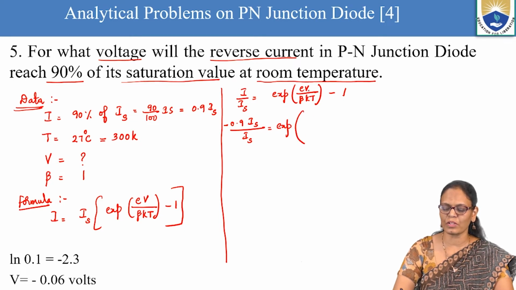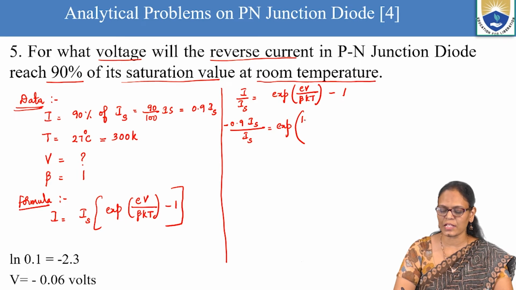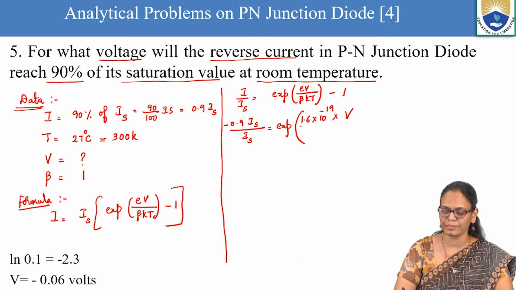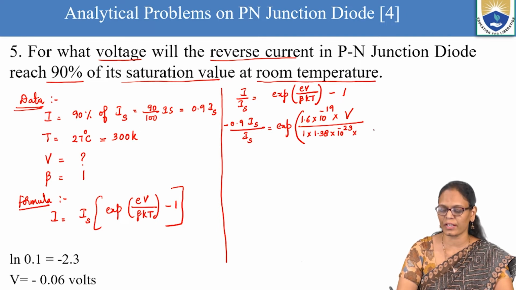Let us substitute the values for E, V, beta, KT. E is the charge, 1.6 into 10 power minus 19, into V, which we have to find, upon beta KT. Beta is 1. K is 1.38 into 10 power minus 23, into the temperature given here, 300 Kelvin, minus 1.